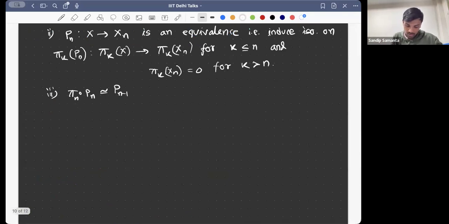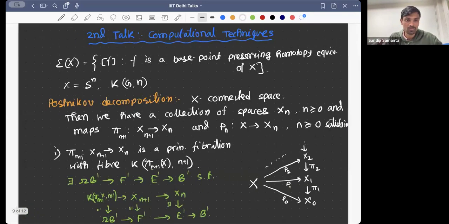So first of all, once we define the system, the first question is when does this kind of decomposition exist for a space?